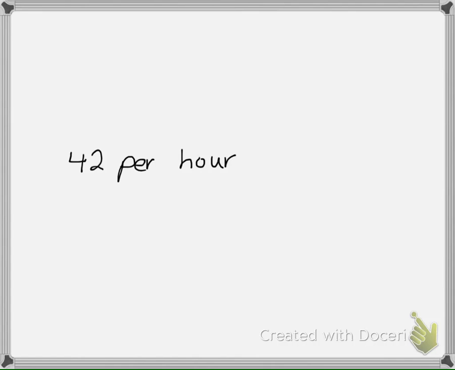So here we know that 42 times the number of hours is going to equal the number of miles. So our miles are going to be written as a function of the number of hours.